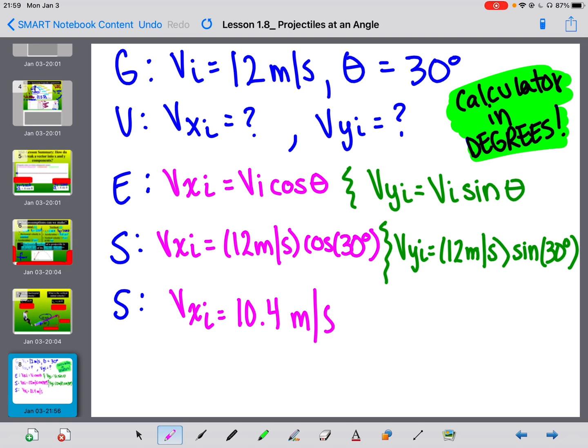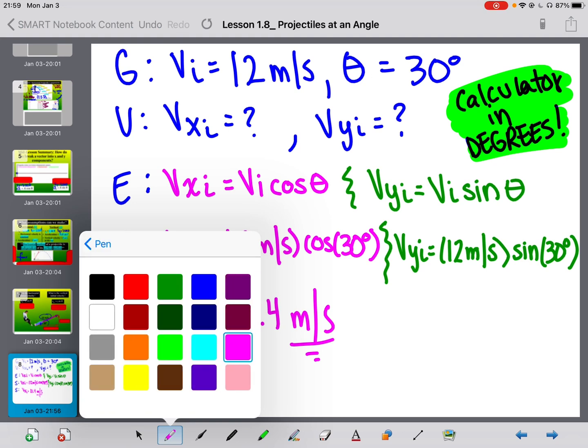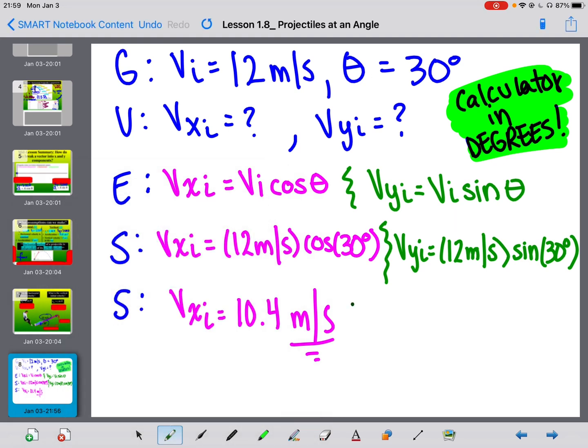My calculator gave me 10.39, but I just rounded to the tenths place, so 10.4 meters per second. Again, cannot stress the units enough. Please do not forget them. And then Vyi, if I do 12 times sine of 30, I get 6 meters per second. Again, don't forget the units here.